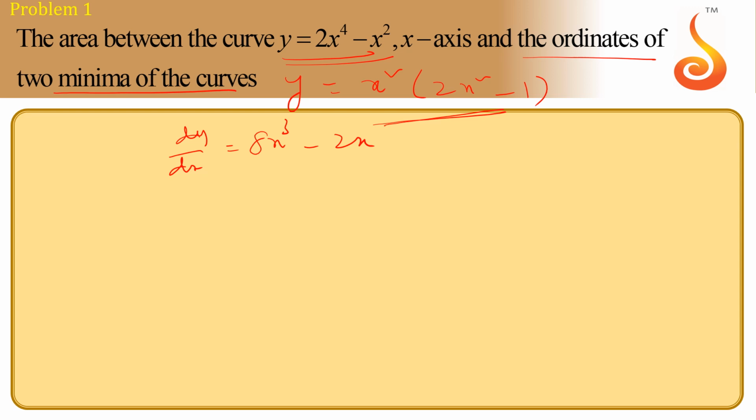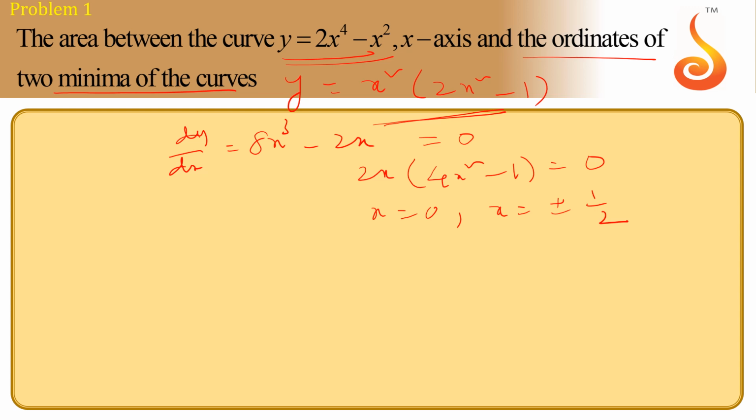If we equate it to 0, there also you are getting 3 points where f dash x is equal to 0. So 2x is common, 4x² minus 1. So x will be 0, and x will be plus or minus 1 by 2.